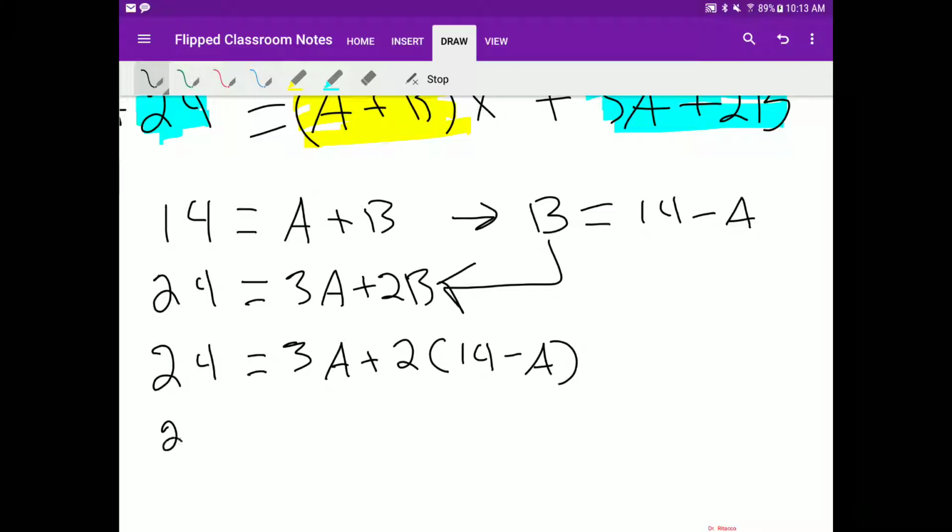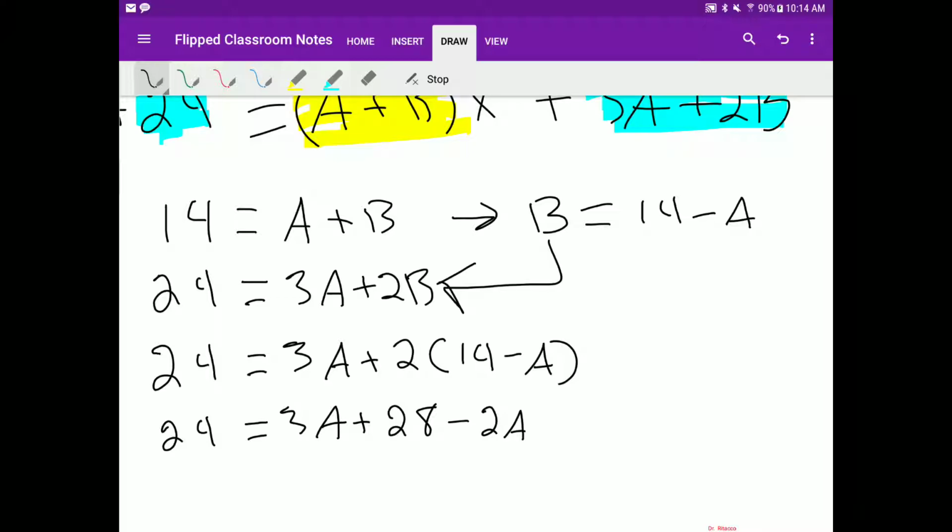Let's see, that means 24 is equal to 3a plus 28, and then minus 2 times a. So that simplifies.